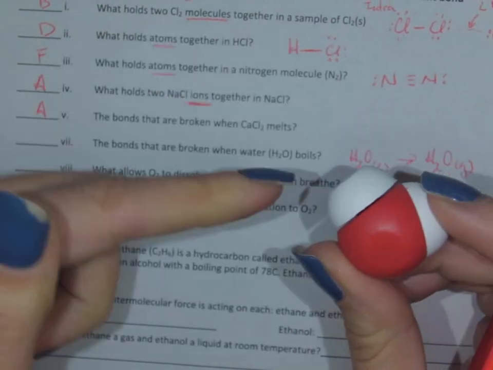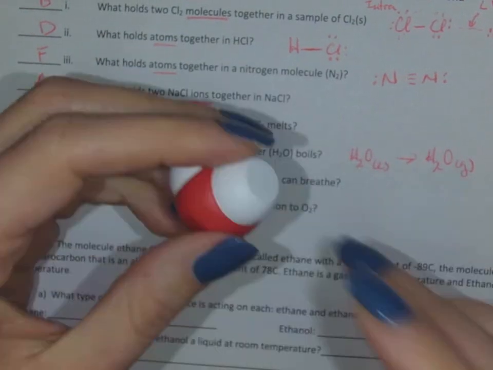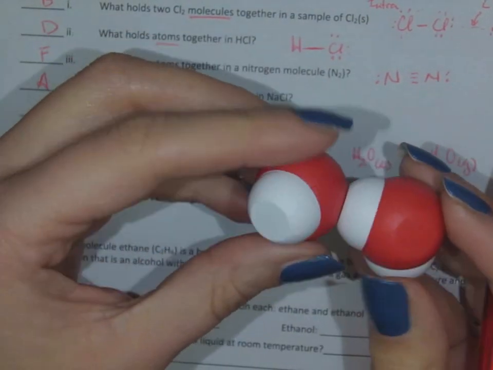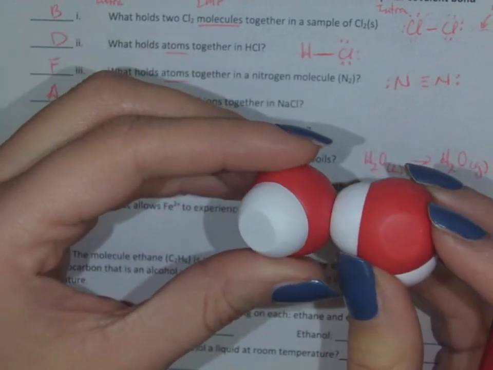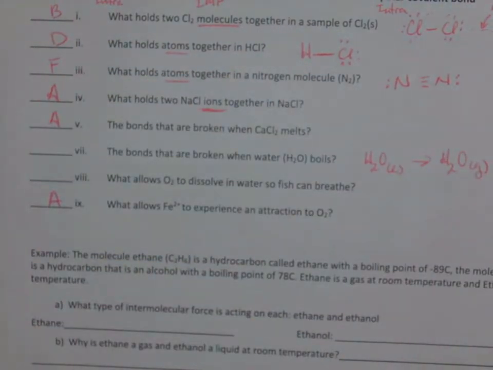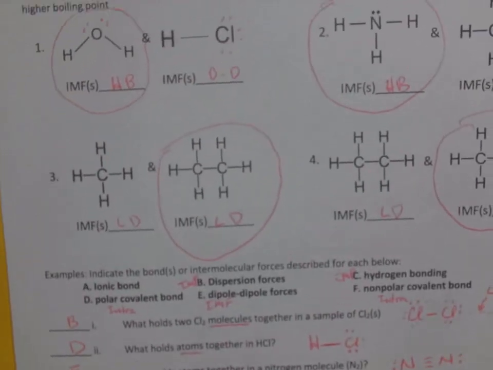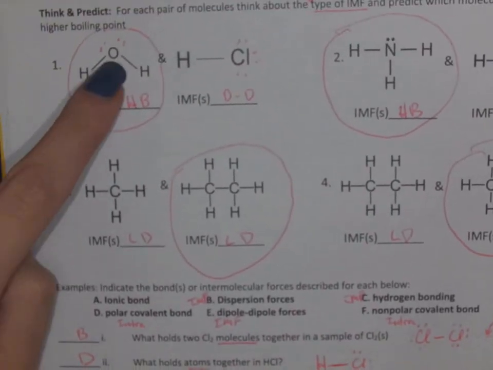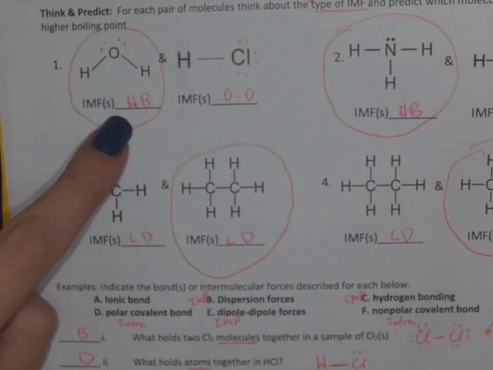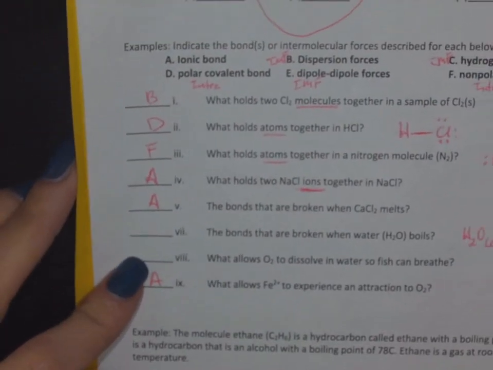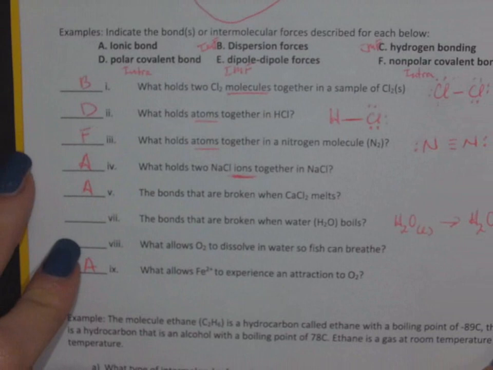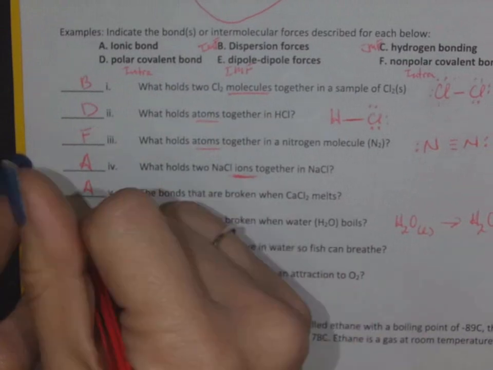So the bonds were not broken. The IMF attractions between them, that's what we're overcoming. And we know from previous examples that water, the strongest IMF that it has is hydrogen bonding. So its IMF is going to be hydrogen bonds. So that's going to be C.